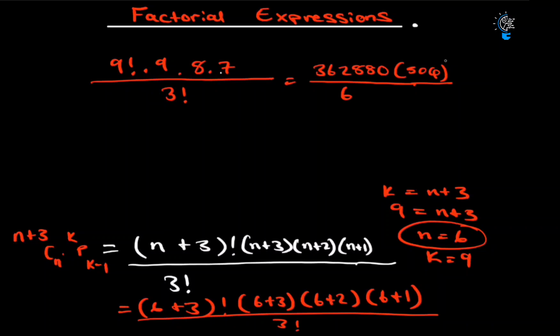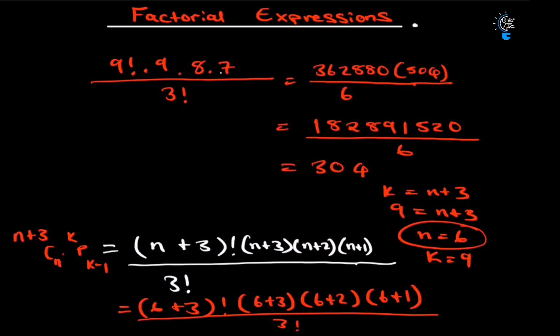Now when you evaluate the numerator, 504 times 362,880, we are going to get 182,891,520, divided by 6, and once you divide it by 6, you're going to get 30,481,920 as your final answer.